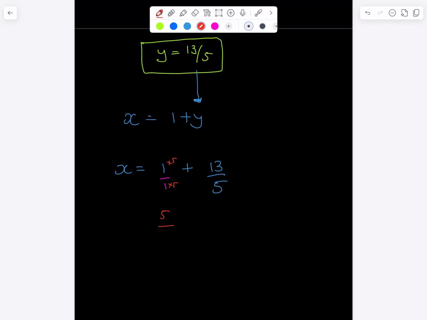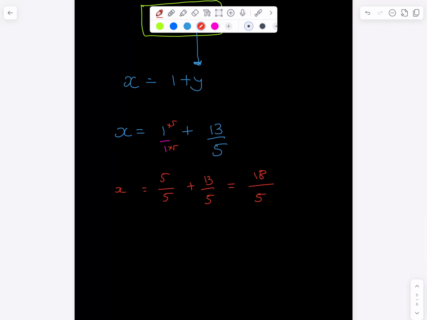So that just becomes 5 on 5. This is 13 on 5. And when you're adding fractions and the denominator is the same, you can literally just add the numerators. So we just do 5 plus 13, which is 18. So we have 18 on 5. So that's what my x is.